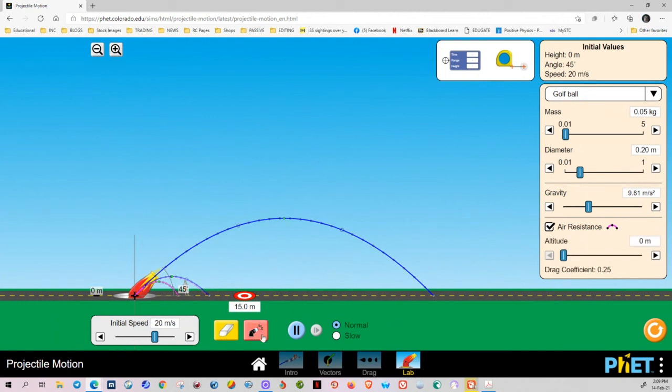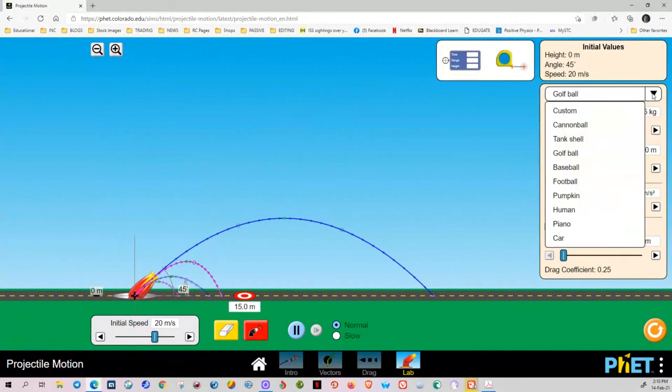With air resistance, there, you can see the difference. Because air is actually pushing against the projectile, the range that it will reach is going to be much less. This is the reason why bullets are shaped so that they have less air resistance. The front of the bullet is actually very small so that it will have less air resistance.